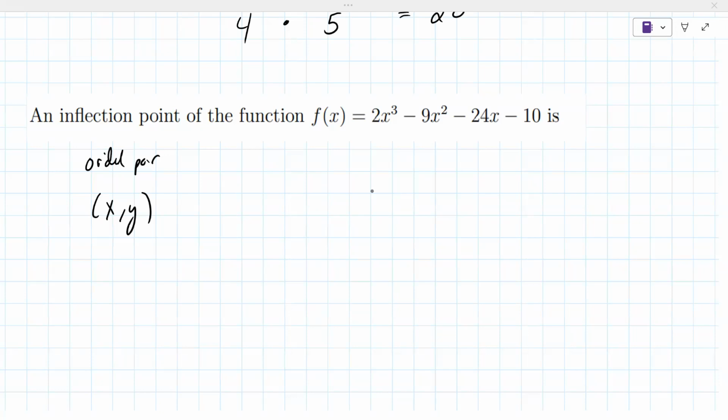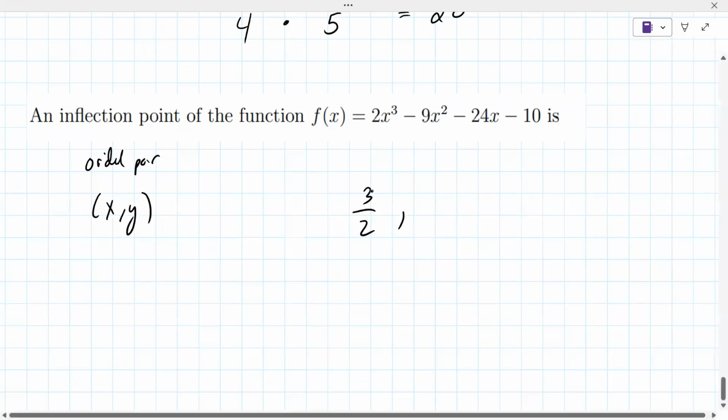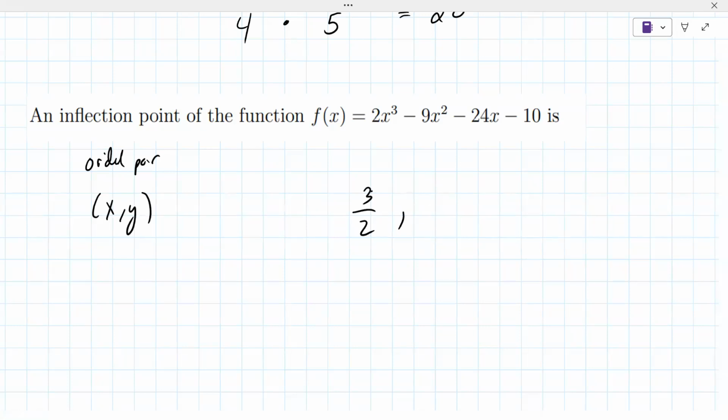You're allowed to use a calculator if you need to. Oh, okay. I plug 3/2 into the original equation though, right? That's right. If you put it into the second derivative, you'll get 0. First derivative, you'll get who knows what, but the original is what you want.